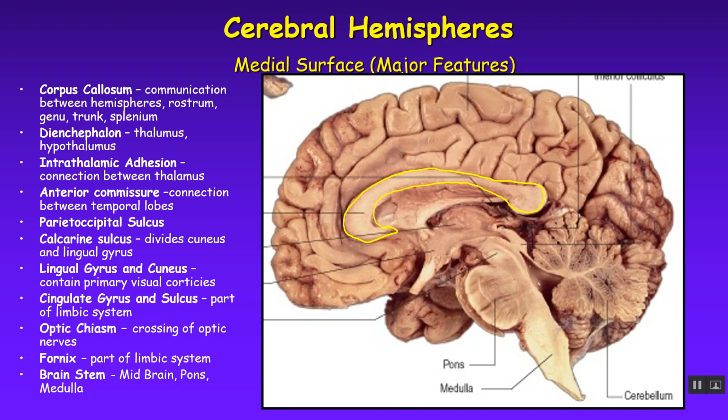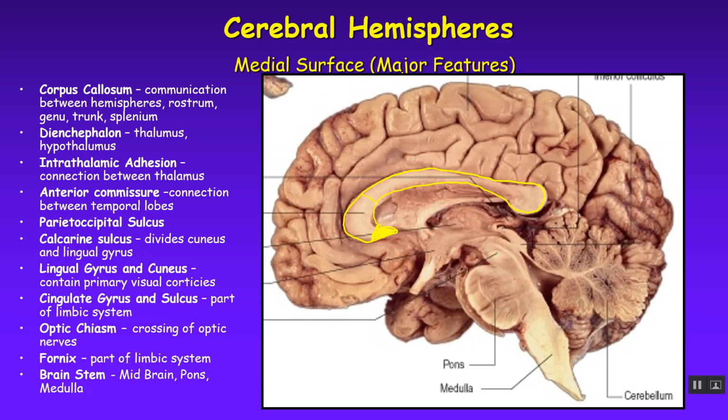But there are some subdivisions of this corpus callosum. The first one is the rostrum. Remember, rostrum is beak, towards the front. This little region right here is the beak or the rostrum of the corpus callosum. That little tip that curls back underneath is the rostrum. Then we have what's called the genu, and genu is the knee or the bend in the corpus callosum.